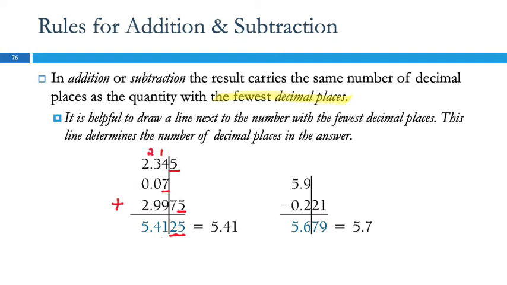That 21, am I sure it's 21 and not 22? I can't be sure because I wasn't sure about the 7. You see how that works? If one of the numbers we're adding is uncertain, it makes that place in the answer uncertain. So this is also uncertain. Now I've got this 2, a 3 that I'm certain about, I know that that's 0, and a 9 I'm certain about. So when I add these together and get 14, I'm certain about that.